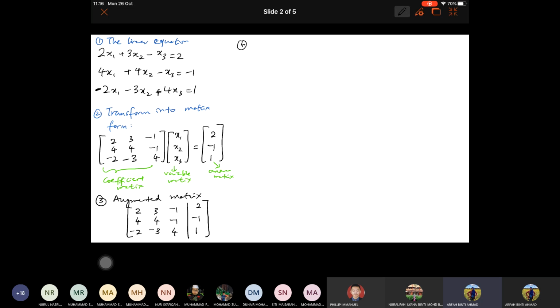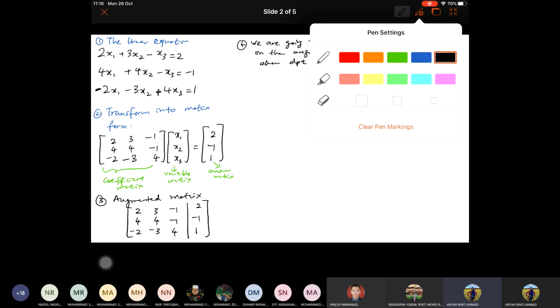So the fourth step, we are going to do elementary row operation on the augmented matrix, so that kita akan dapat matrix yang this one.